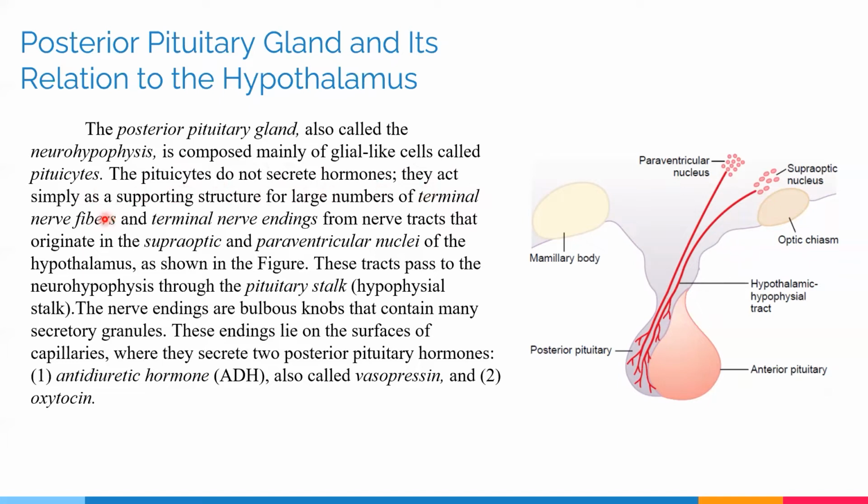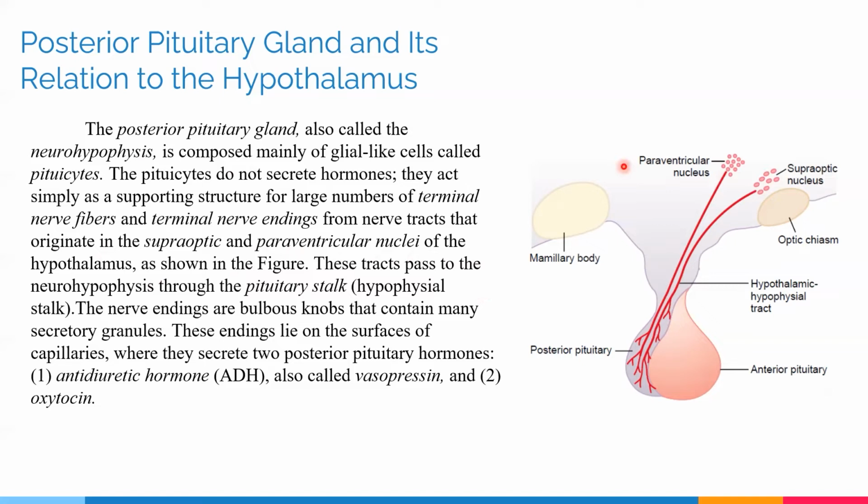They act simply as a supporting structure for large numbers of terminal nerve fibers and terminal nerve endings from the nerve tracts that originate in the supraoptic and paraventricular nuclei of the hypothalamus, as shown in the figure.